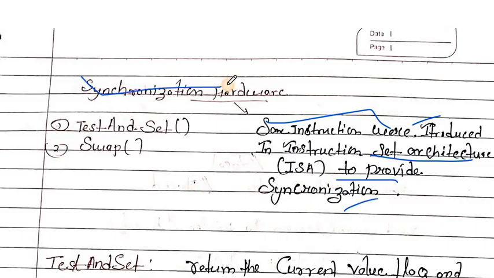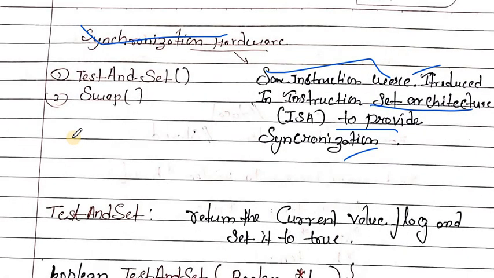Some hardware solutions are also available to manage the synchronization problem or critical section problem. These are the two functions provided by the hardware. The first one is test and set, and the second one is swap.